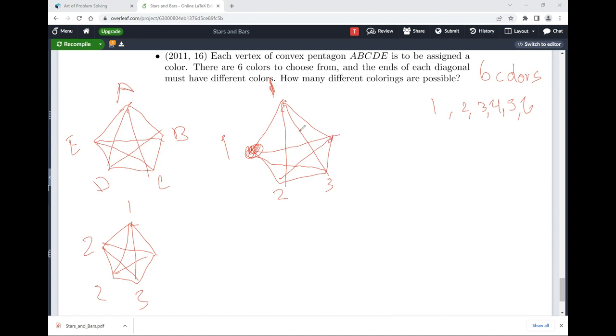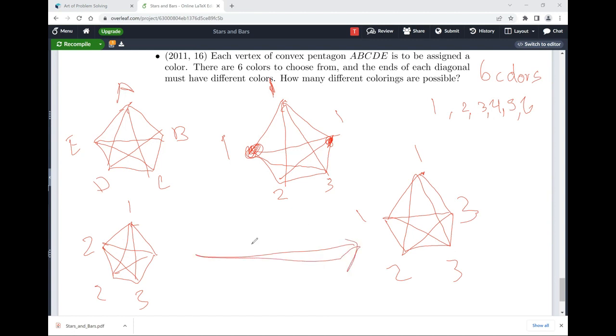And so in the case that this is 1, this one can either be 1 or it could be 3. So you have that, or 1, 2, 3, 1, 2, no, 3. And notice that these two are symmetrical.